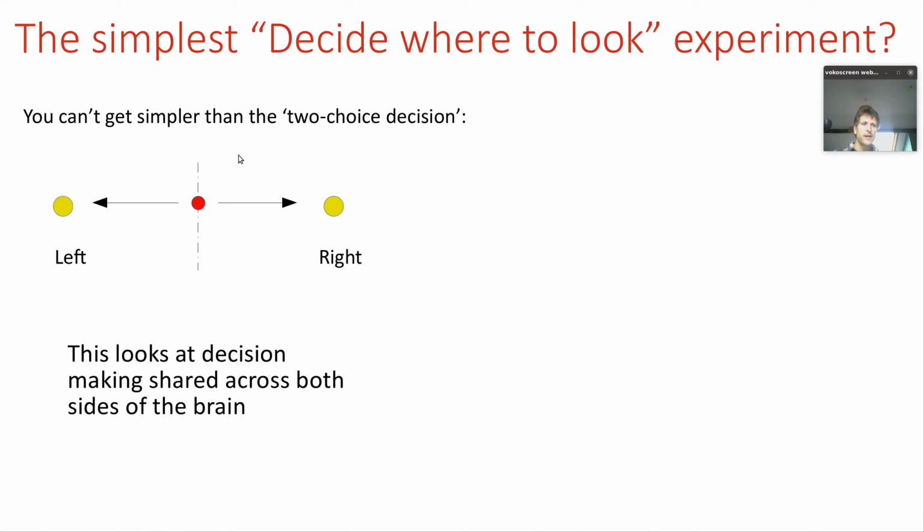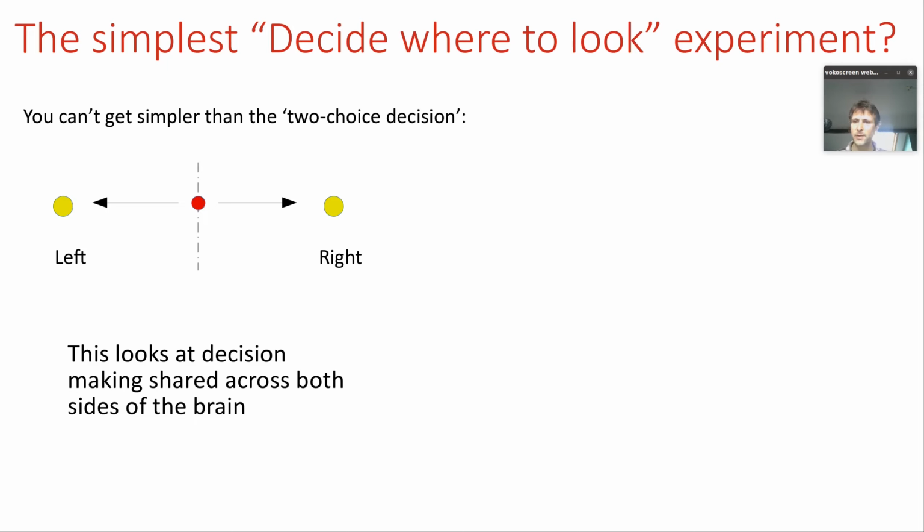So if we're thinking about decision making in the brain, let's think about what would be the simplest experiments that we could perform with either humans or animals: the simplest decide-where-to-look experiment. And you can't really get simpler than the two-choice decision.